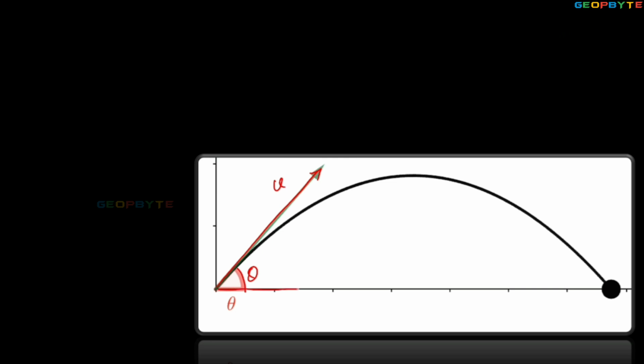It is projected with velocity u, developing two component velocities. This is u cos theta, this is the vertical component velocity u sin theta, and this is the horizontal range R. When theta 1 equals 15 degrees, the range is given as 50 meters.